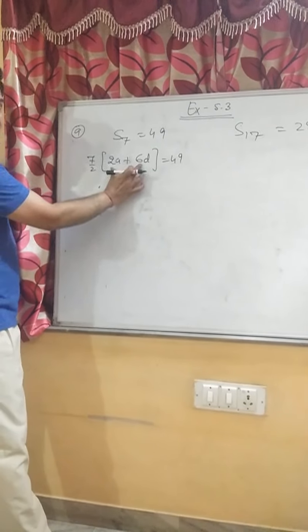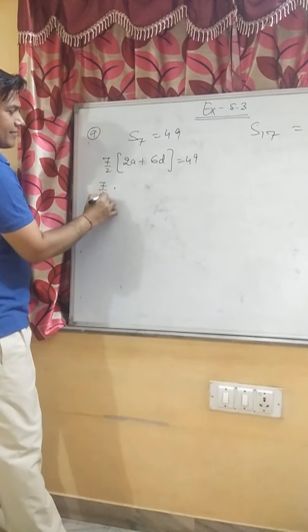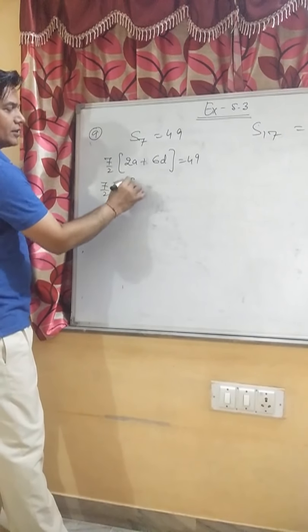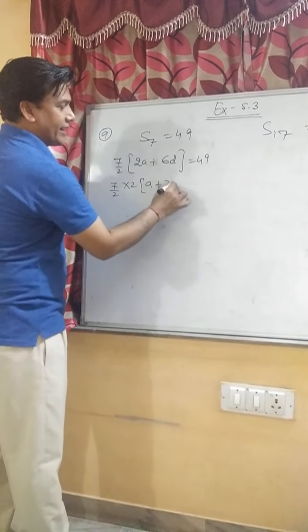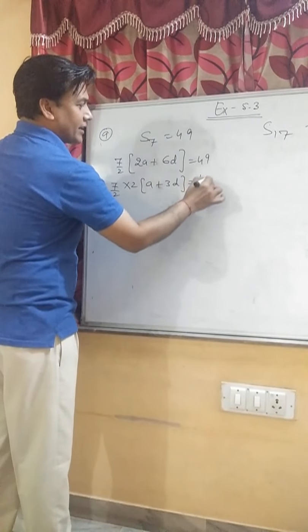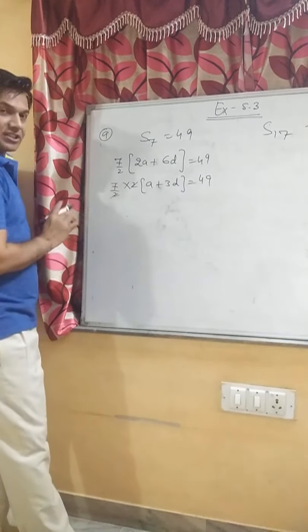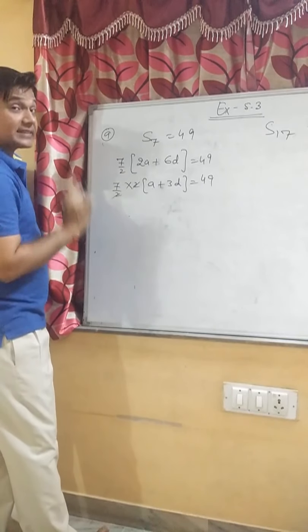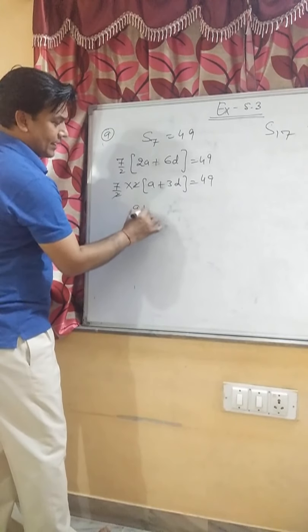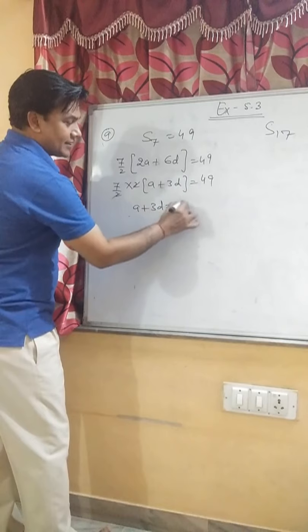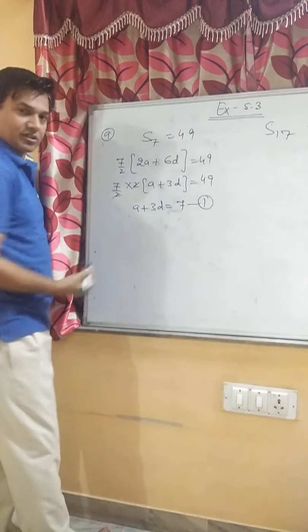Taking 2 as common in these two terms, 7 by 2 into 2, inside the bracket a plus 3d, equals 49. This 2 cancels with this 2 and 7 divides 49, 7 times. So a plus 3d is 7, the first equation.